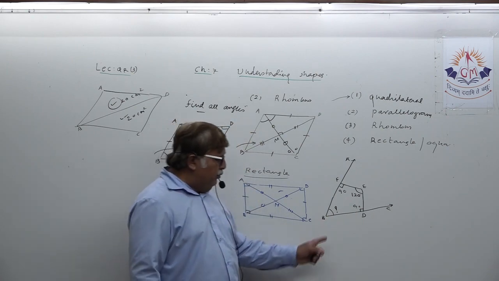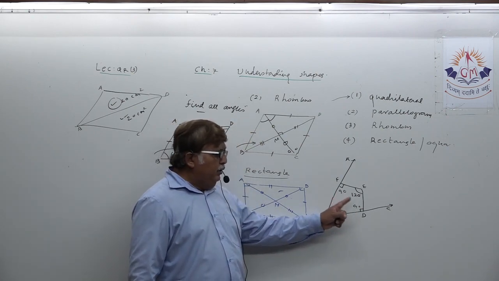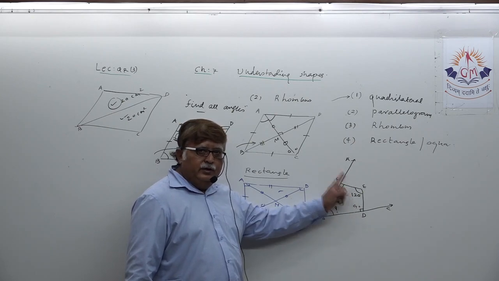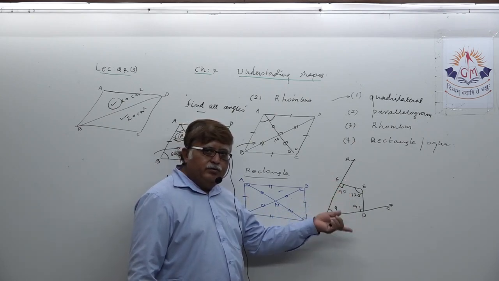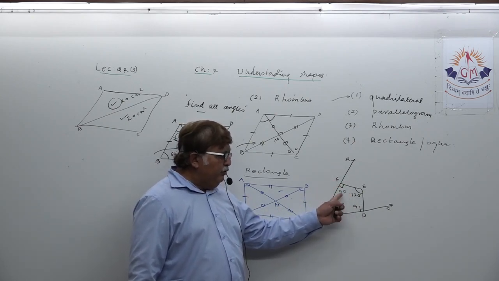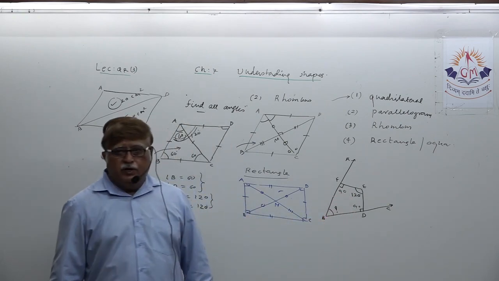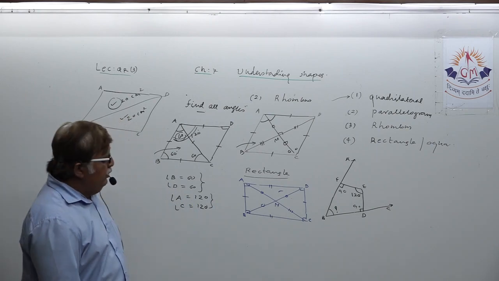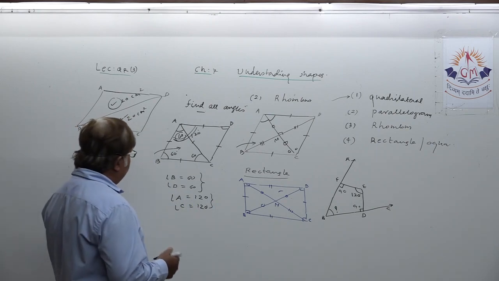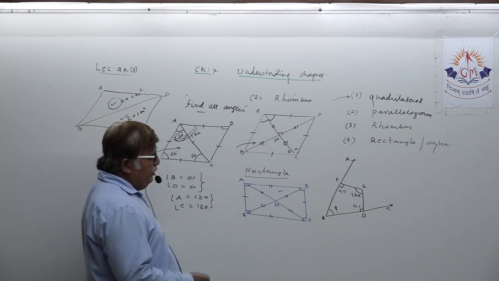Like the basics of the quadrilateral, angle B plus angle D plus angle E plus angle F equals 360 degrees. You substitute the values of these three angles and you will be able to get angle B. Okay, dear student, this way you can target some examples.